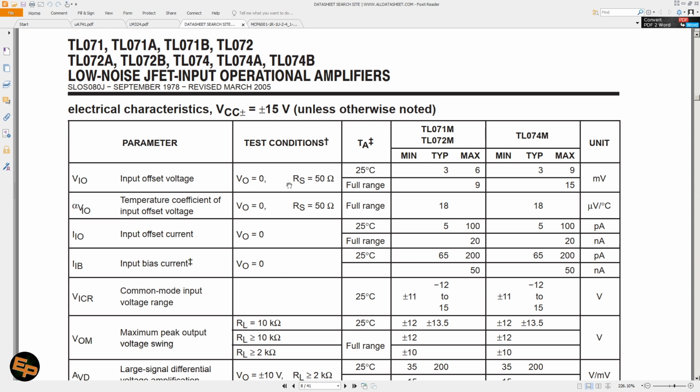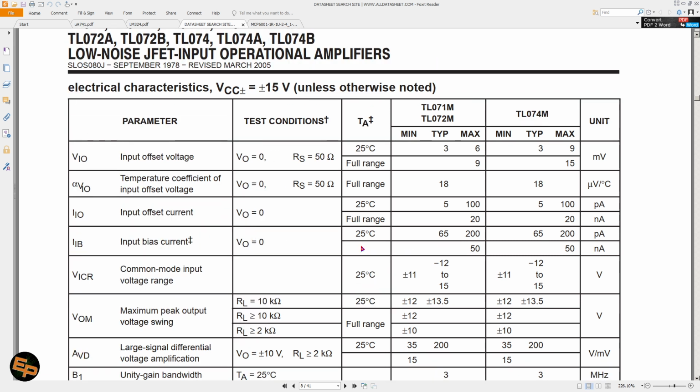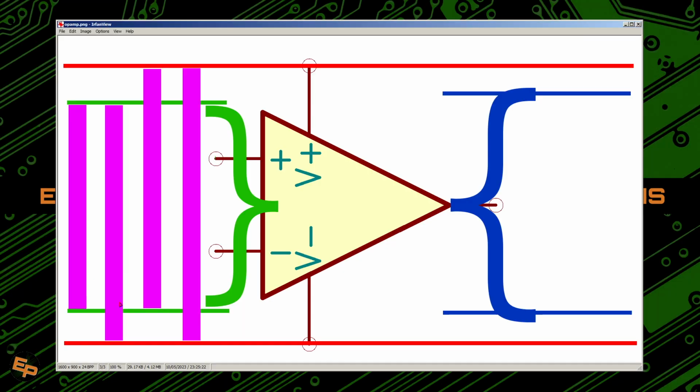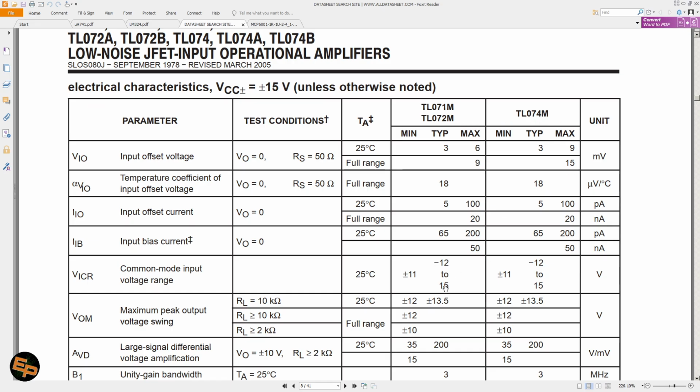where again we have this information written in two different places. For VCC plus minus 15 volts, we see common mode input voltage range is typically from some minus 12, in other words around 3 volts away from the negative rail, all the way up to 15 volts, so including the positive power rail.